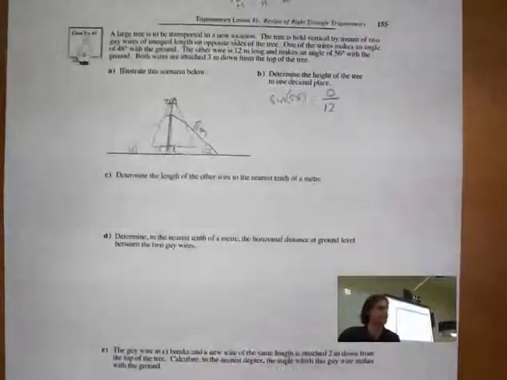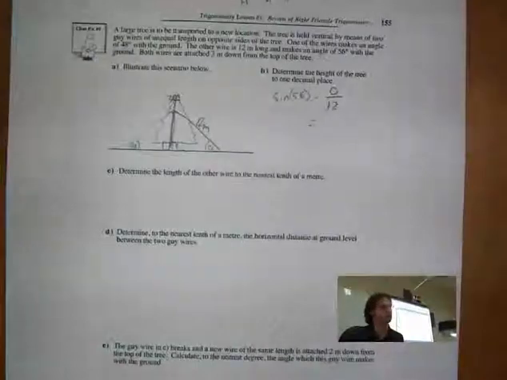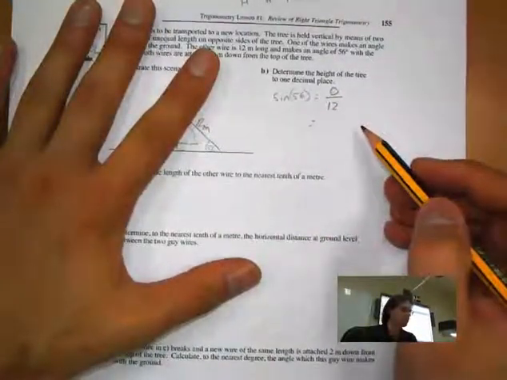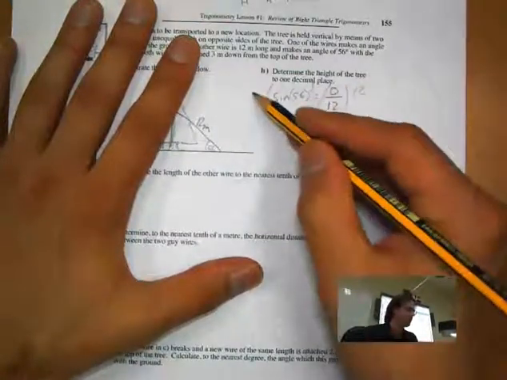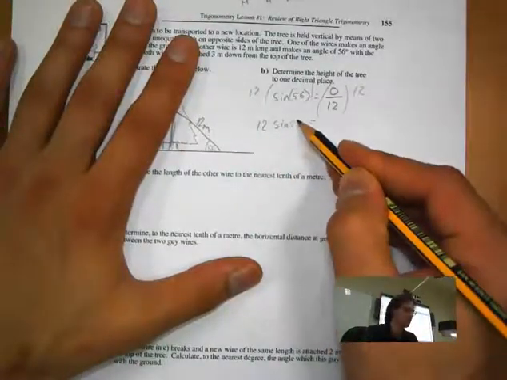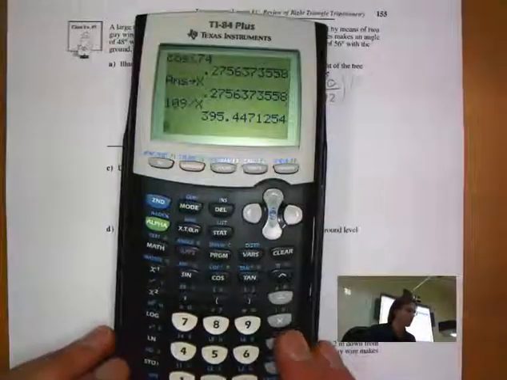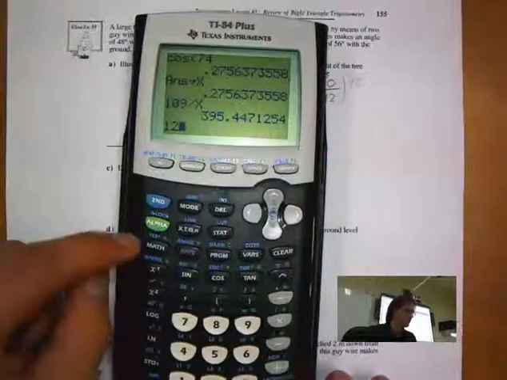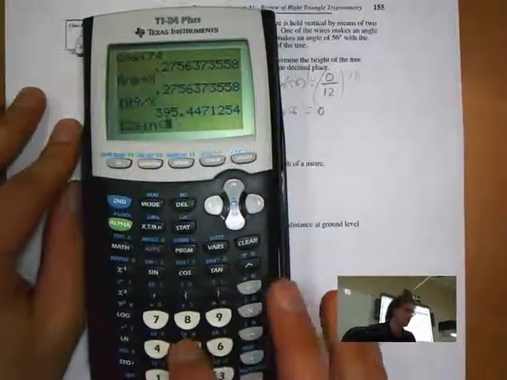I'll write down SOHCAHTOA again, just so you can see. That's an O, not a 0. So we continue this. We have to get the O by itself, so we multiply both sides by 12. I'm going to get 12 sine 56 is equal to my opposite. So let's plug that into our calculator. We go 12, then sine, 56 degrees.